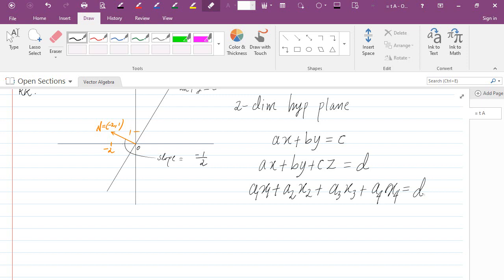However it may look, this would be a plane in dimension 4, or generally we call them hyperplanes. These are linear equations. It means that the exponent on each of the variables is exactly 1, and the coefficients are constant real numbers.